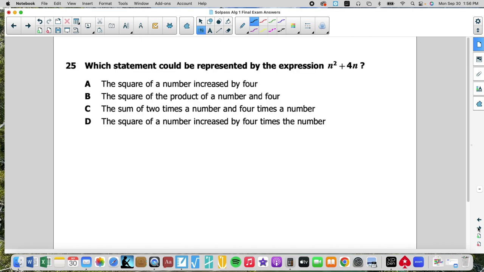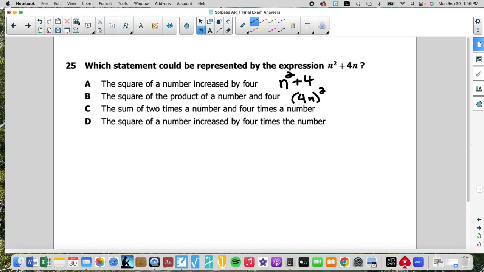Which statement could be represented by the expression, the square of a number increased by 4? No. The square of the product of a number and 4? No. The square of a number increased by 4. So that would be n squared plus 4. The square of the product of a number and 4, that's n, product. No, that would be 4n squared.